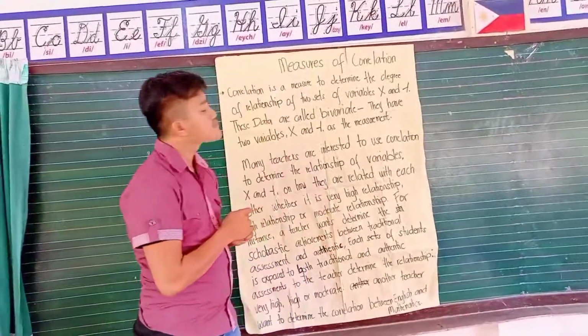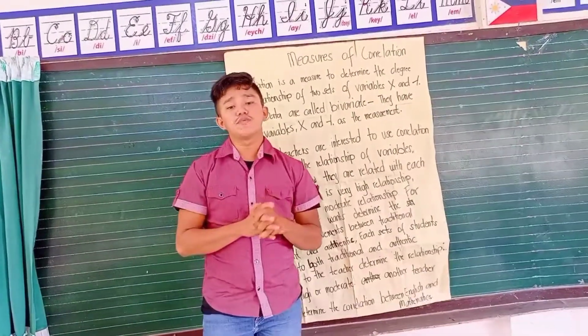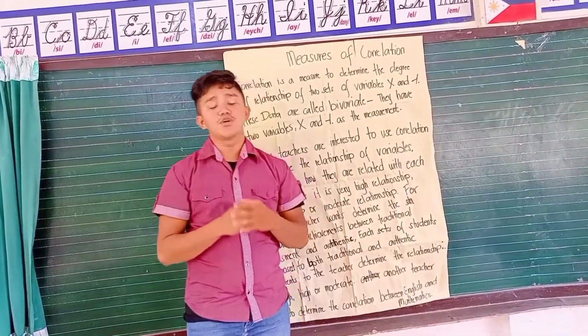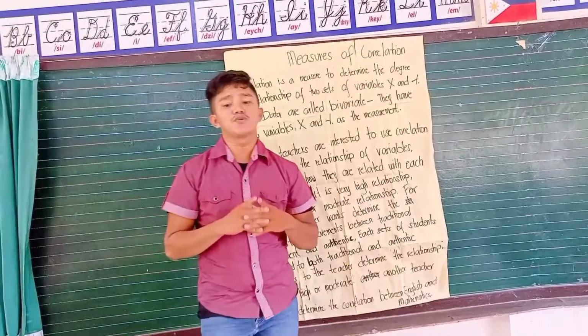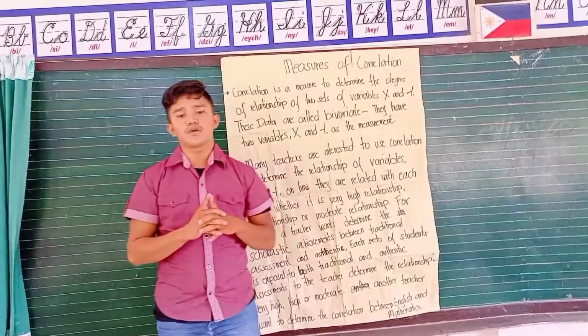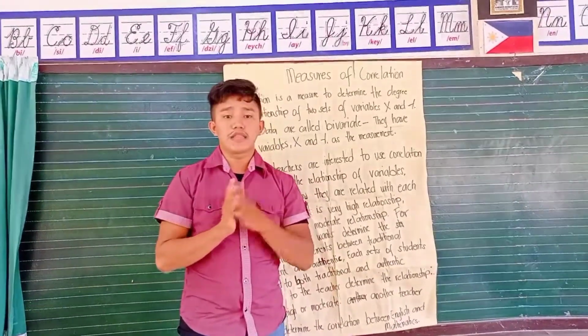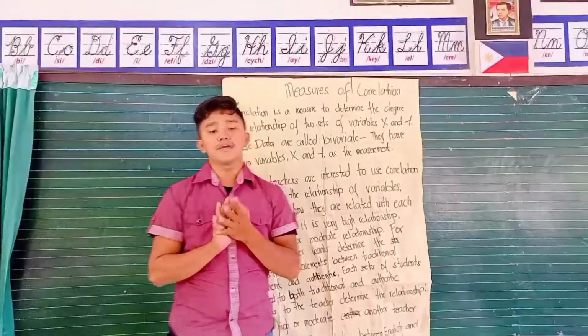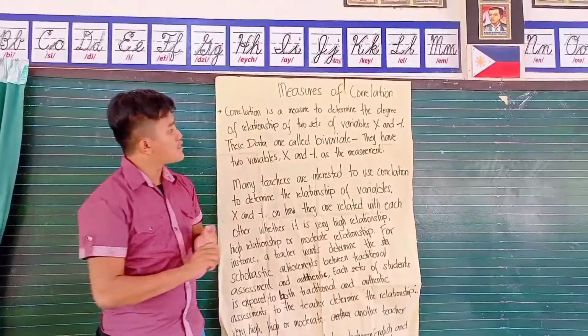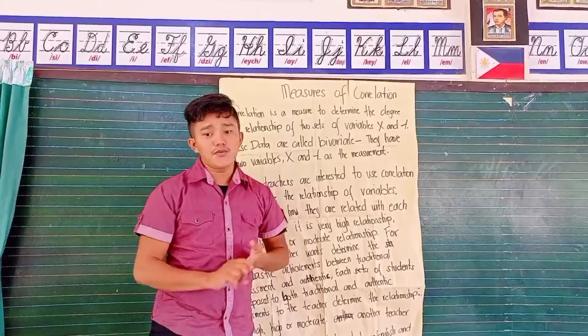In correlation, we must have two variables or subjects that we are going to use or relate. That's why we have two sets of variables, x and y.